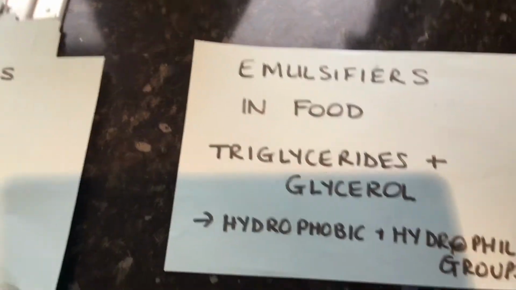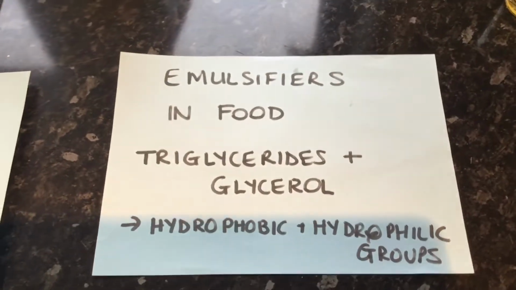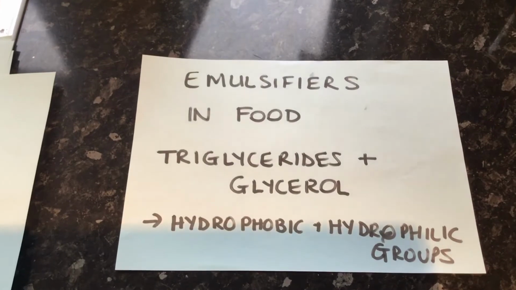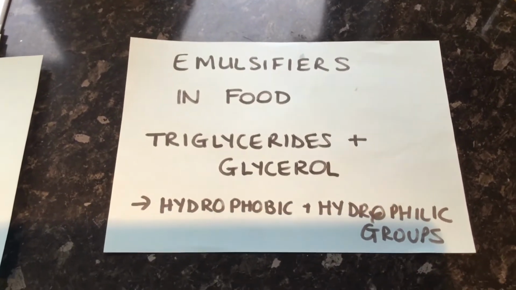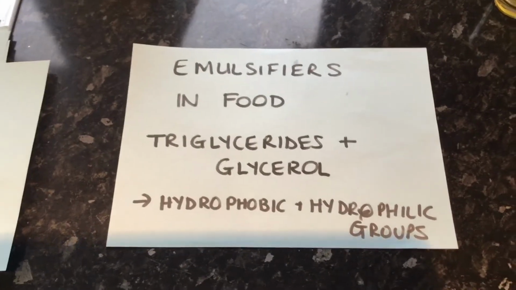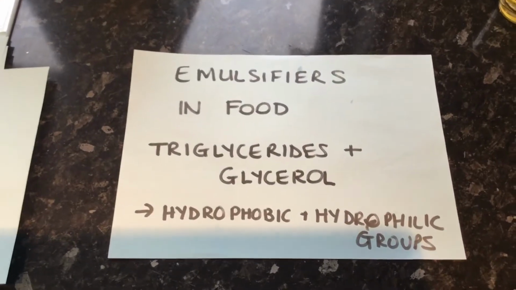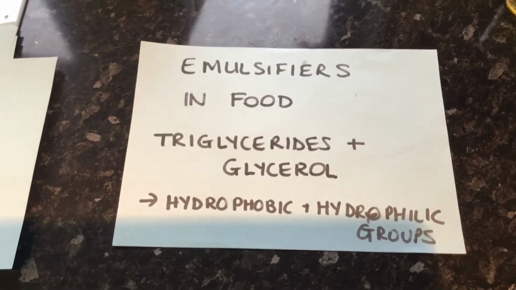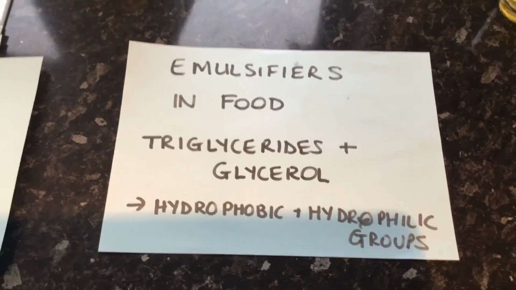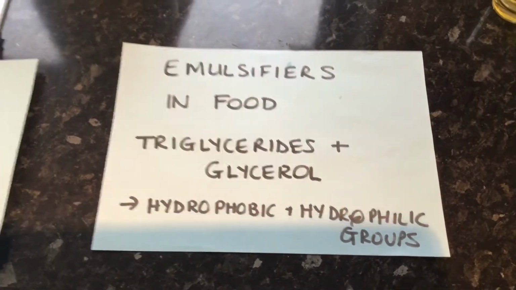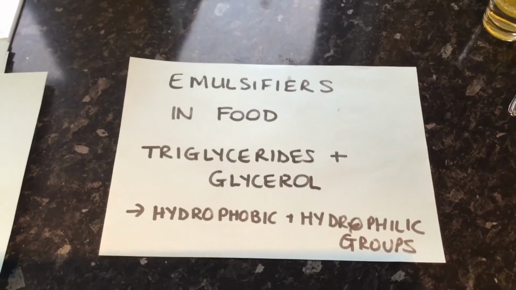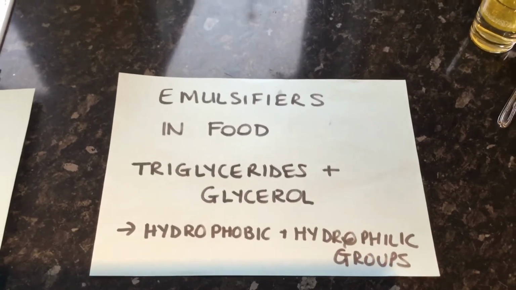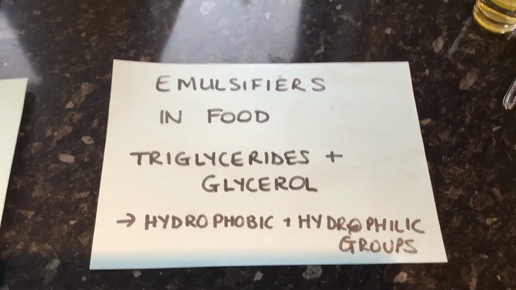Okay, so last thing, there's lots and lots of different types of emulsifiers we can use to distribute fats and oils through food. And I've just chosen to talk about this one here because I thought it was quite interesting. It relates back to soap. So you can create molecules based on triglycerides and glycerol. So if you remember that triglyceride is the glycerol type backbone with the fatty acids coming off.